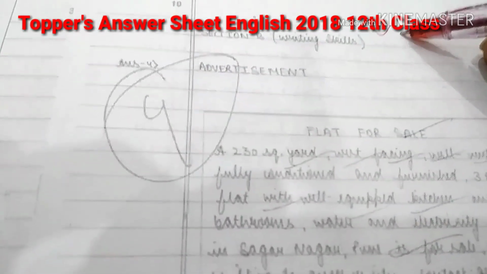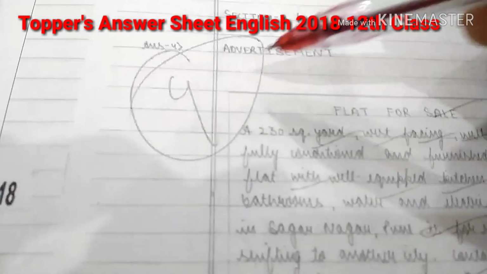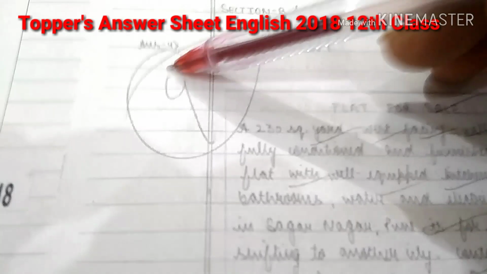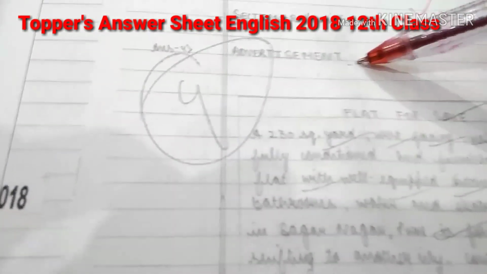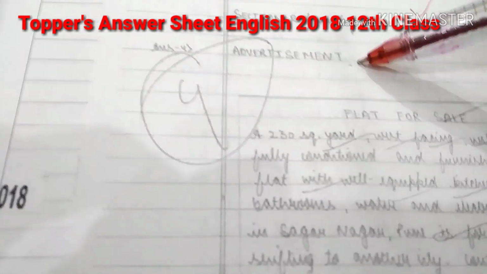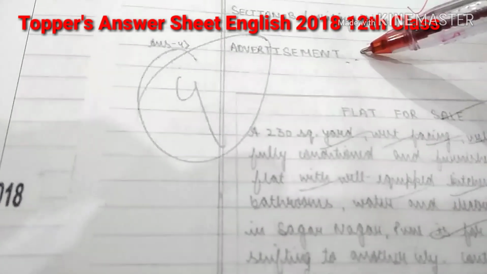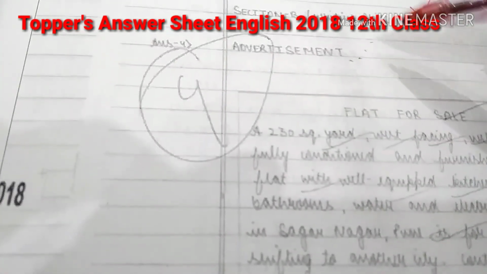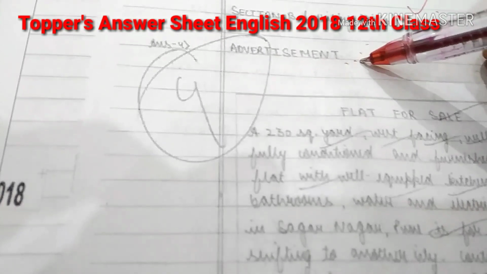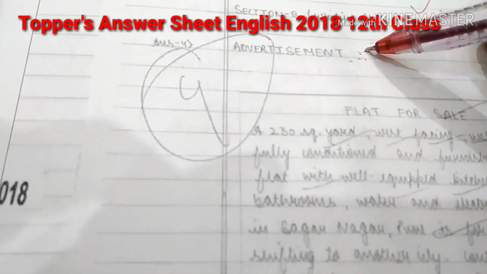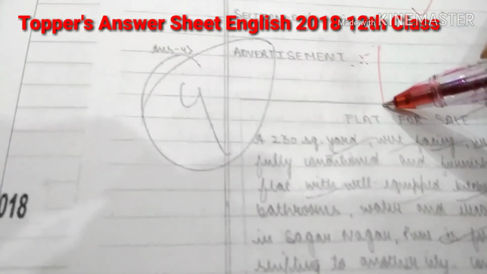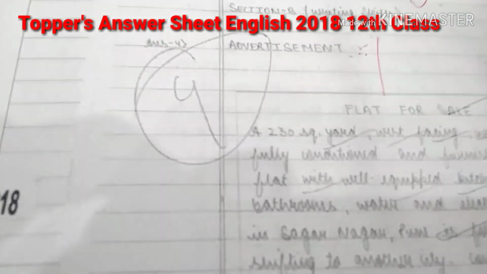It is the writing section. Then clearly the child has mentioned answer number 4, advertisement. Either you are attempting notice or advertisement, poster or invitation, I recommend you write down clearly what you are going to attempt. As you know, it is optional, either advertisement or poster or invitation or notice, whatsoever, right?